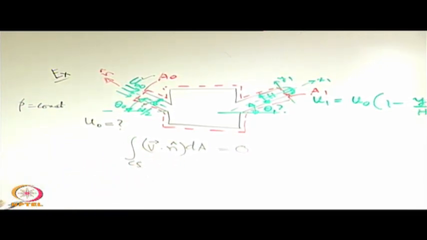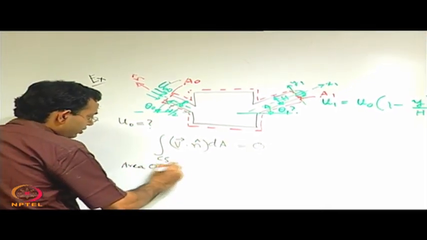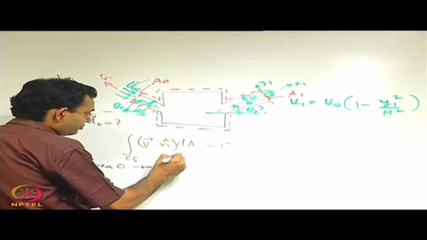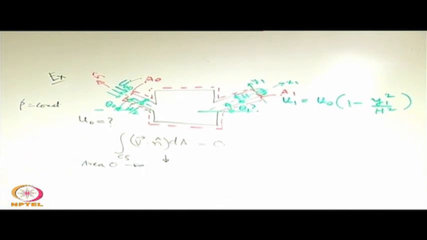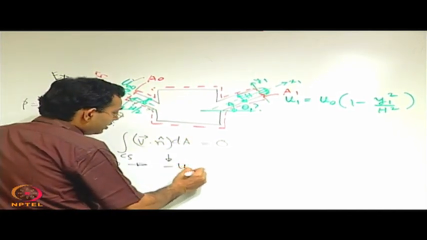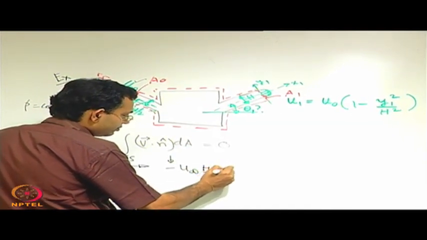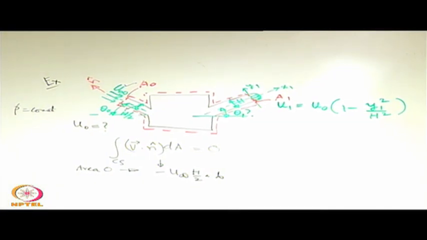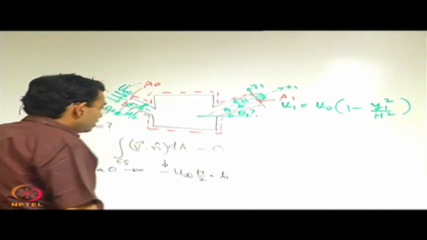So, for the area A naught, this term will become minus u infinity into h by 2 into the width. Let us say b is the width perpendicular to the plane of the figure.